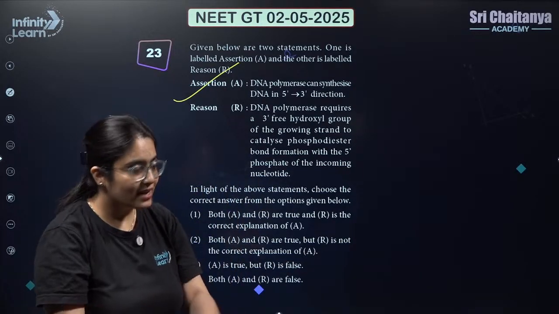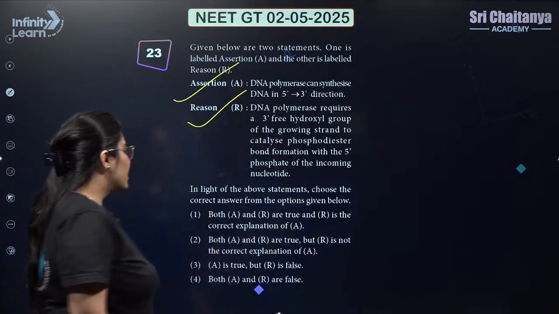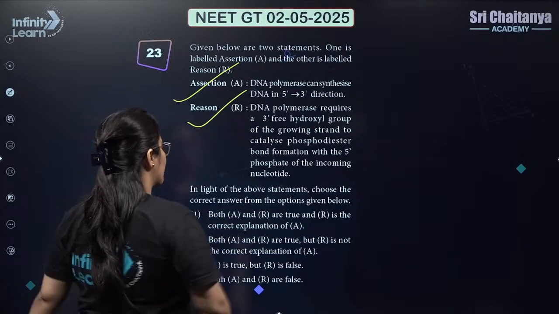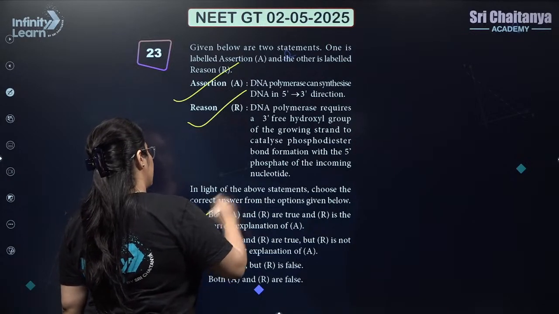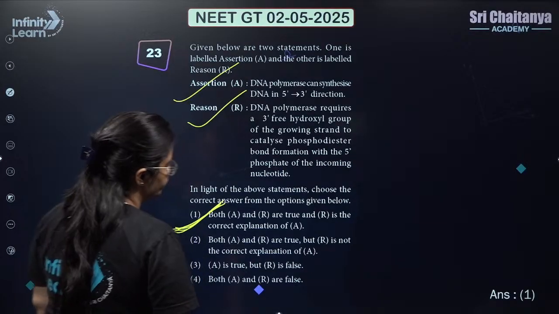That's absolutely correct, and also explains the assertion accurately. So both assertion and reason are true, and reason is the correct explanation of the assertion. The correct answer is 1.